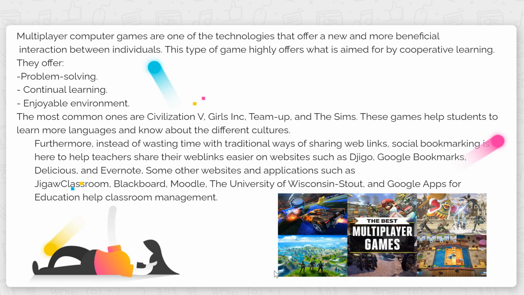This type of game highly offers what is aimed for by cooperative learning. So cooperative learning, its aim, is offered by what multiplayer computer games offer as well. They offer problem solving, like it was mentioned in the schema just earlier, control learning, enjoyable environment. Students are more enjoying because they are playing, their mind is free, and they are not stressed. It is a game, so they enjoy learning more and more.